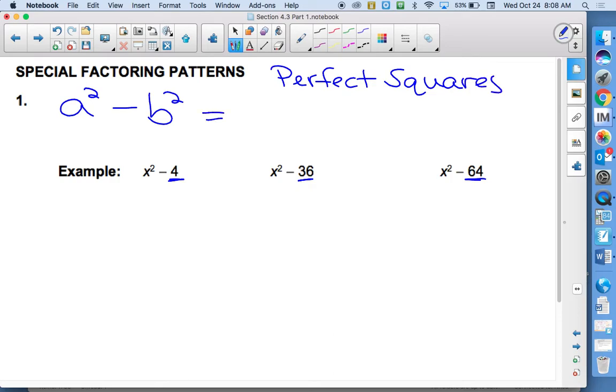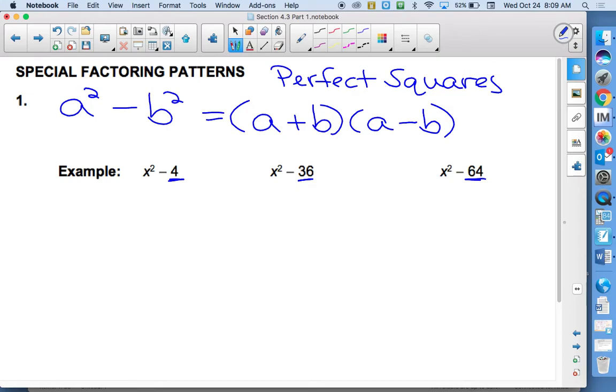And the pattern says if your first term is squared, that's what a squared means, and your second term is squared, that's what the b squared means, and there's a minus in between, and it must be a minus, then it factors as a plus b and a minus b. So we're going to have the same 2 values, one with a plus, one with a minus.